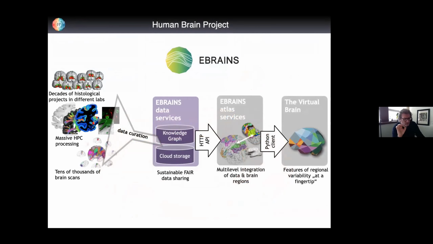One big contribution of Ebrains is the following, and here let me guide you through this particular workflow. First of all, there is loads of information about the brain across multiple scales, across multiple decades, across multiple labs, and across multiple types of information. To put all this data together requires an enormous effort in terms of data curation.